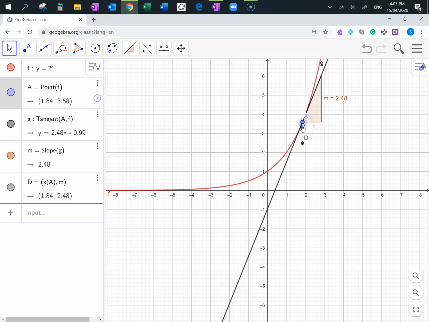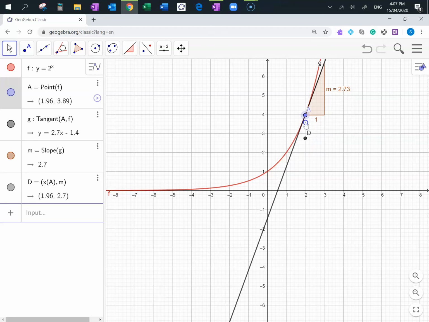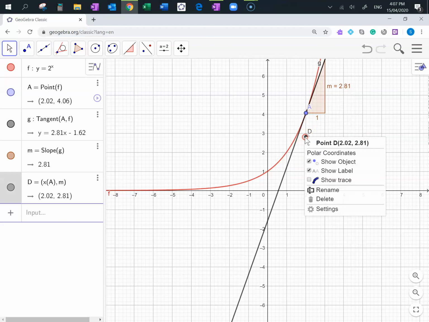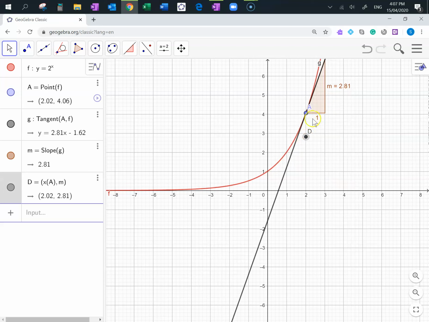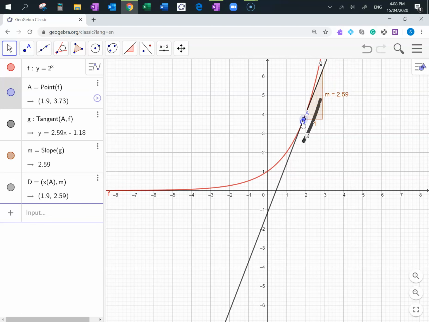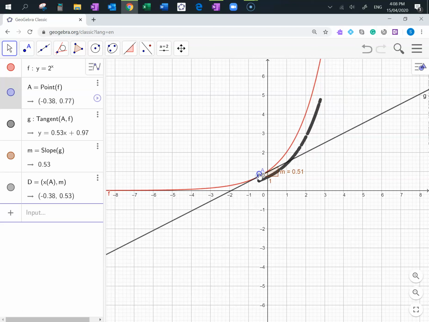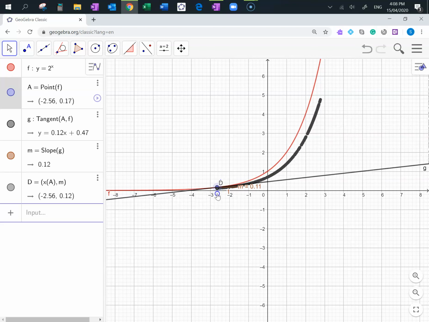It'd be quite useful to see how it's shifting, because it seems to be following a certain sort of pattern. So what I can do is put a trace on that point, and now, as I pull this up and go along the curve, we'll see that I'm getting a new curve as well.